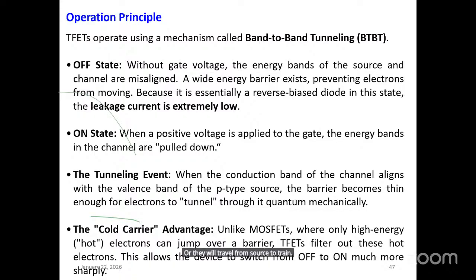But in case of this device, the tunnel FET, instead of making the electron hot, the electron is forced to move from source to drain by making the energy band levels equal. That is the tunneling effect. Therefore, it's called a cold carrier.